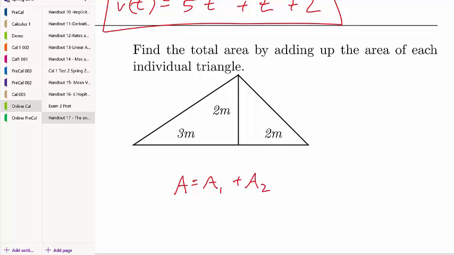For area 1, we've got a base right here of 3, and right here we've got a base of 2. Note that they both have the same height, a height of 2 meters.